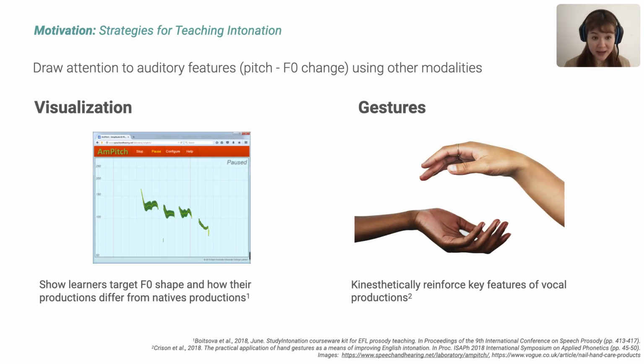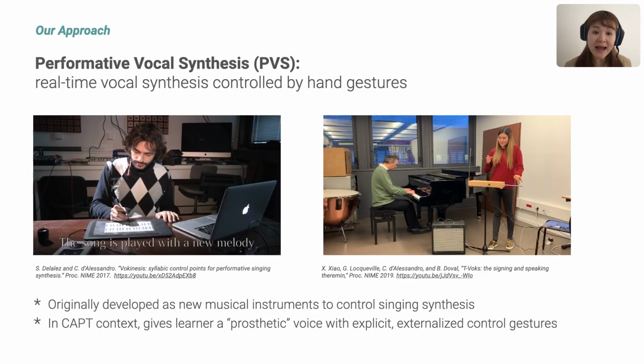Teachers have come up with ways of teaching intonation using the visual and gestural modalities to draw attention to pitch changes. And in our approach, we were interested in using an interaction paradigm called performative vocal synthesis, or real-time vocal synthesis controlled by hand gestures, as a way to give learners a prosthetic voice.